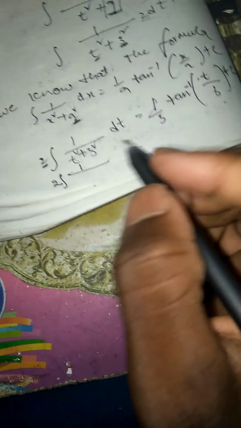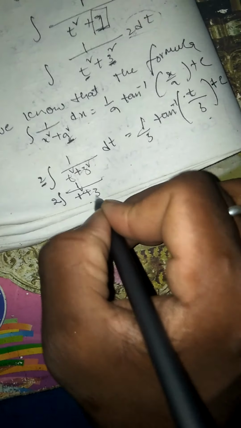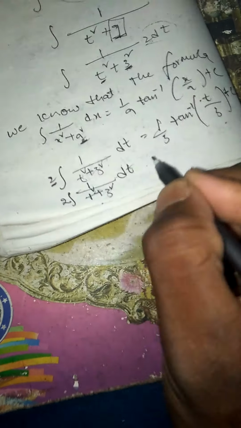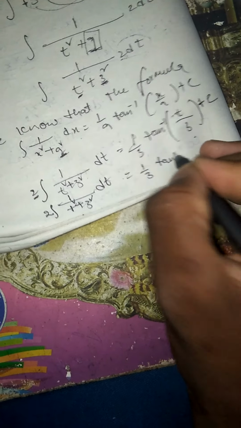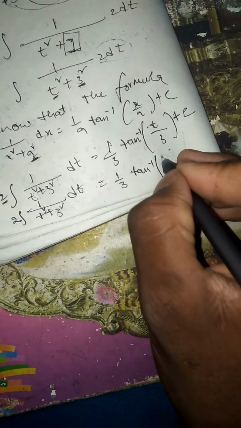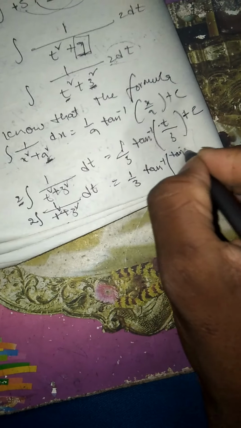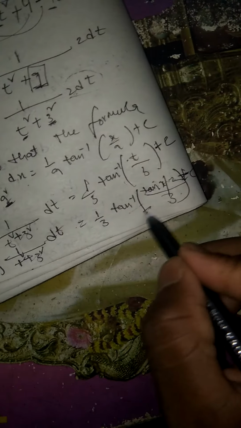Integral 1 by t square plus 3 square dt is equals to 1 by 3 tan inverse, t means tan x by 2, tan x by 2 by 3, plus c. This is the answer for that question.